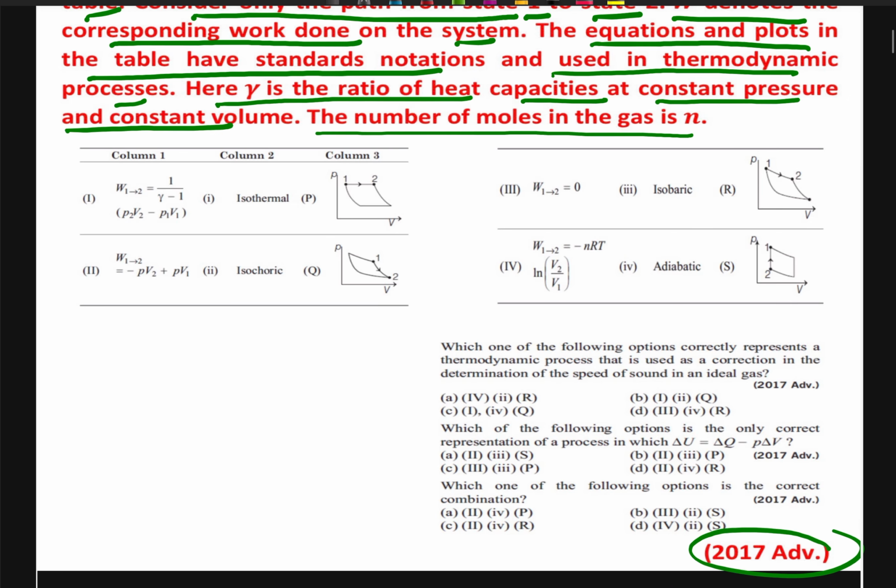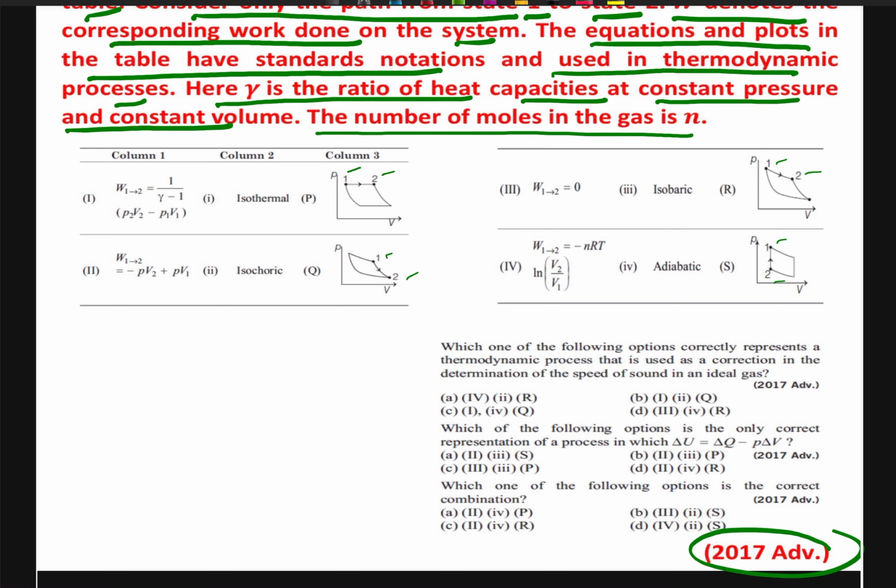So basically we are given that we are having these four graphs and we have to consider only the process between 1 and 2, and these are at various position in this PV diagram.